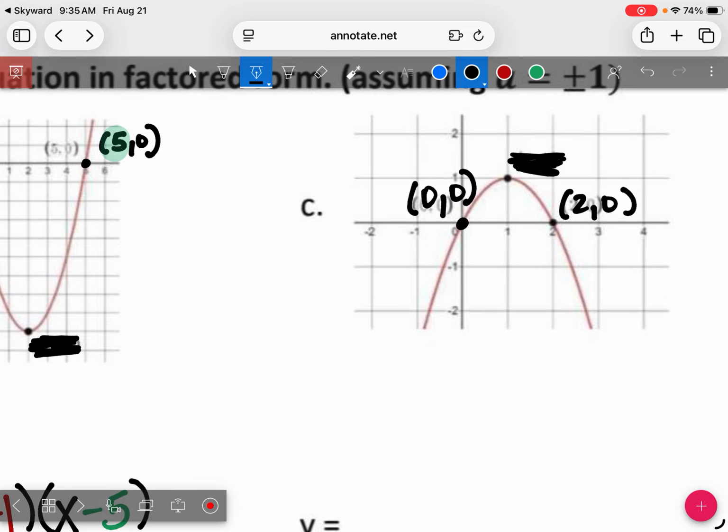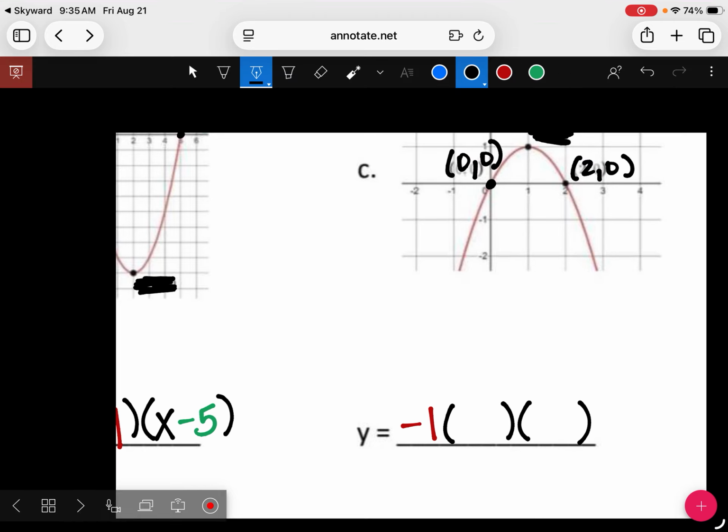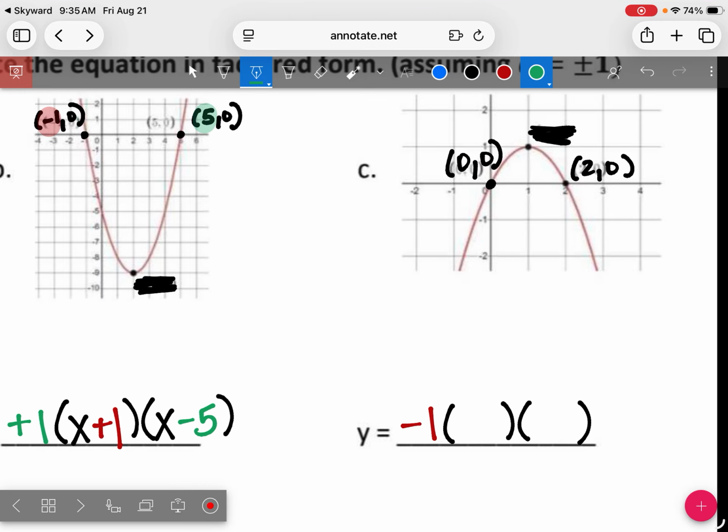So am I going to start this one with a plus 1 or a minus 1? Minus 1 because it's a frown. Let's make our 2 parentheses. Now my first solution is 0. 0 doesn't have a sign. There is no sign. So all I'm going to put in my first parentheses is an x by itself.